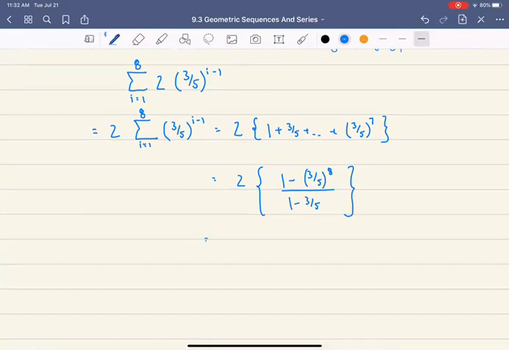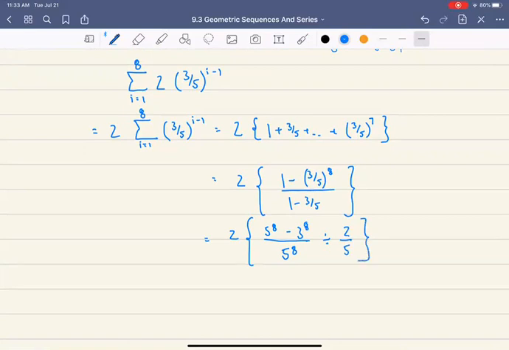So 2 out in front, 5 to the 8 minus 3 to the 8 over 5 to the 8. That's 1 minus 3/5 to the 8th divided by 1 minus 3/5. I know that one's 2/5.